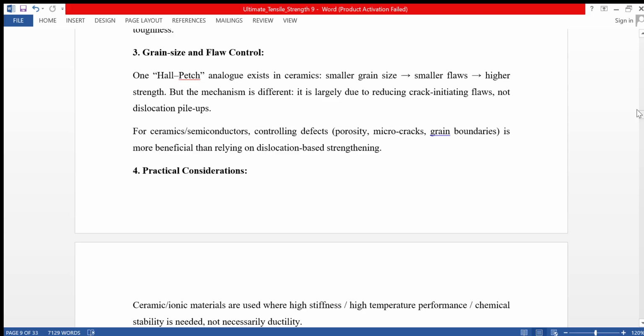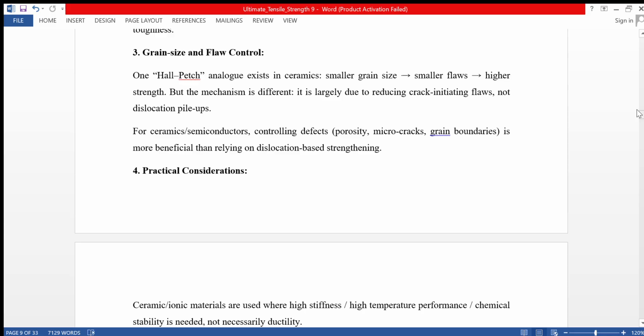Next point is grain size and flaw control. One Hall-Petch analog exists in ceramics: small grain size, small flaws, higher strength. But the mechanism is different. It is largely due to reducing crack-initiating flaws, not dislocation pileup. For ceramics and semiconductors, controlling defects is more beneficial than relying on dislocation strengthening.